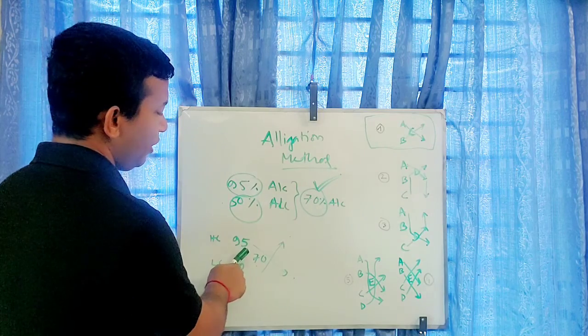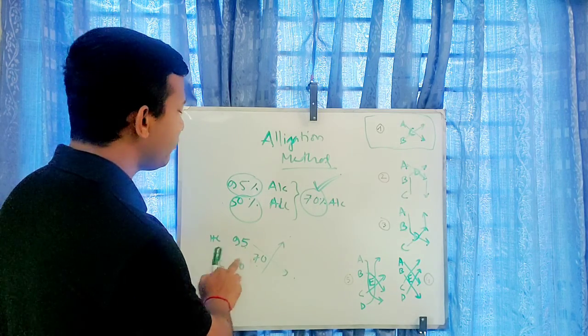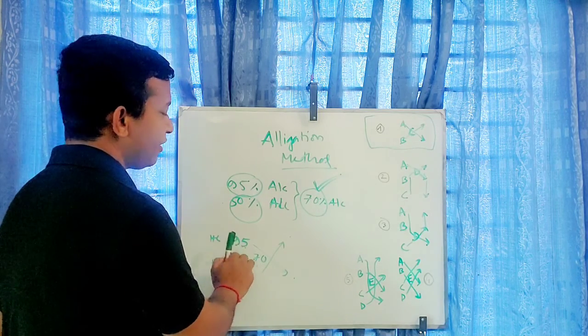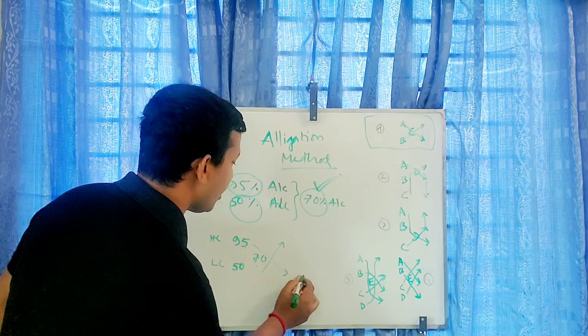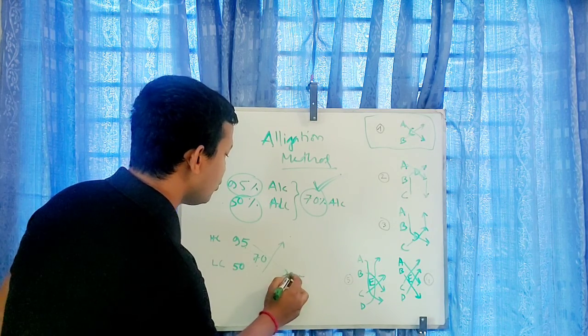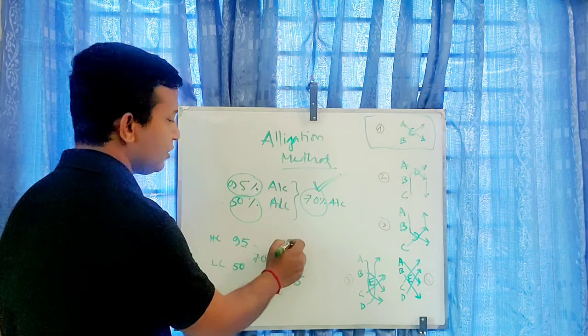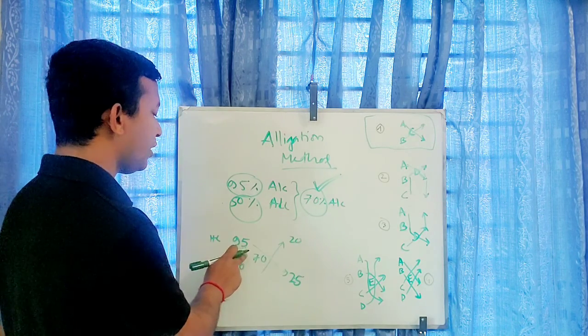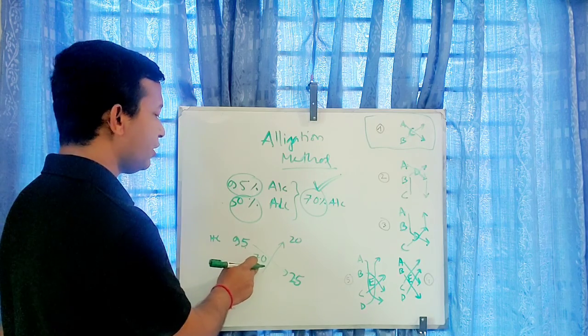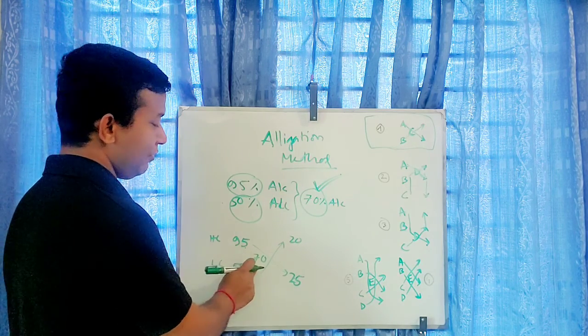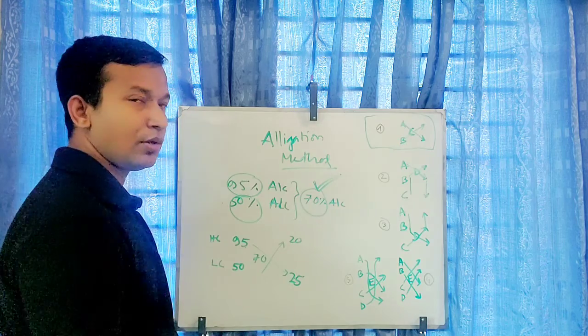So for 95 and 70, we find the difference: 95 minus 70 becomes 25. And what about this one? The difference is 20. So here you are doing 95 minus 70, and here you are doing 70 minus 50. So these are the outcomes.